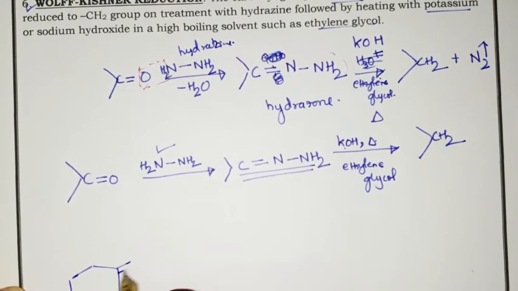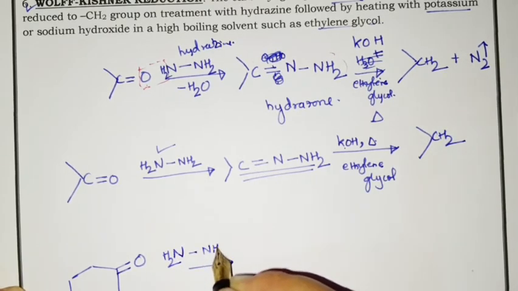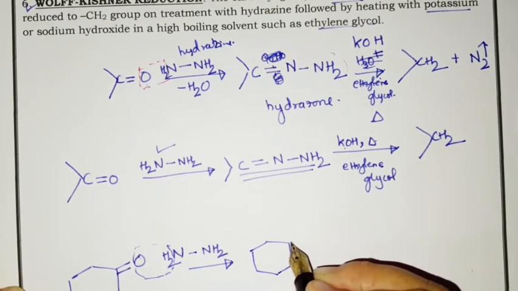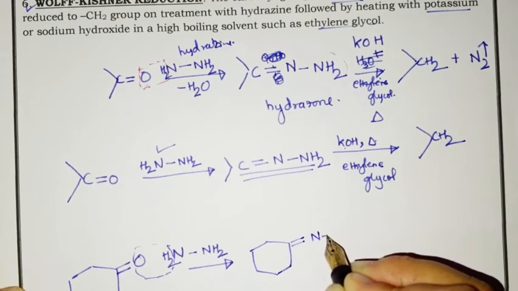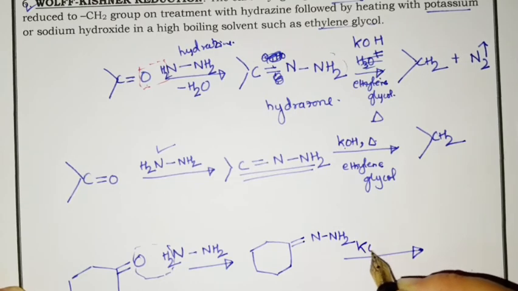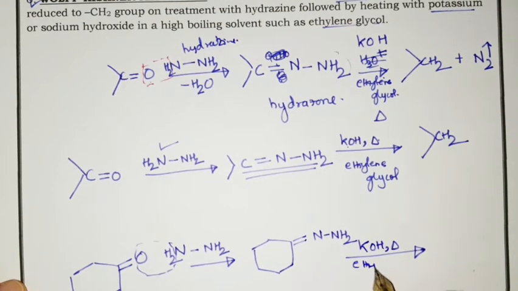cyclohexanone. Again, if we react it with hydrazine, we'll get hydrazone. Water is removed from here and a carbon and nitrogen bond forms, N, then NH2. Now this upon heating with potassium hydroxide, okay, ethylene glycol, what happens?